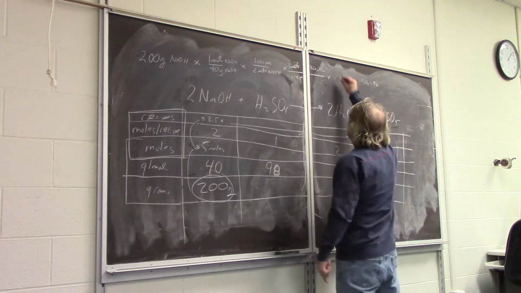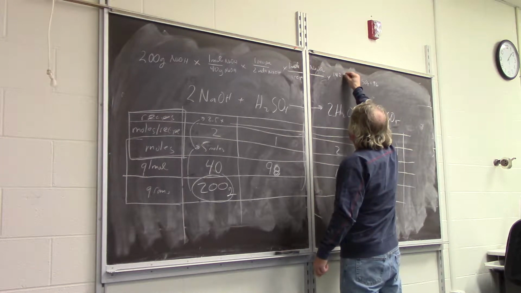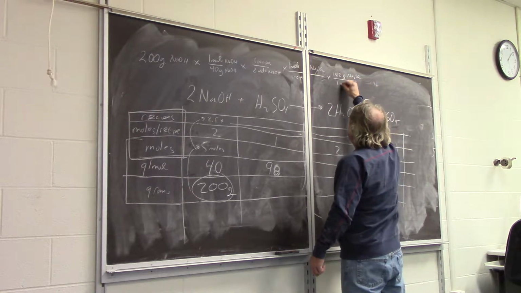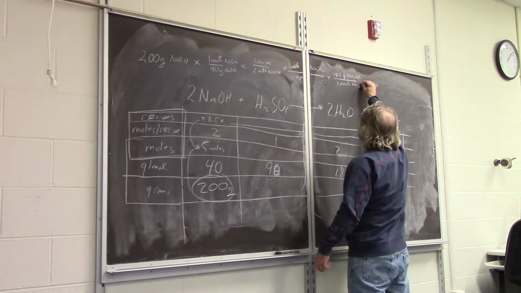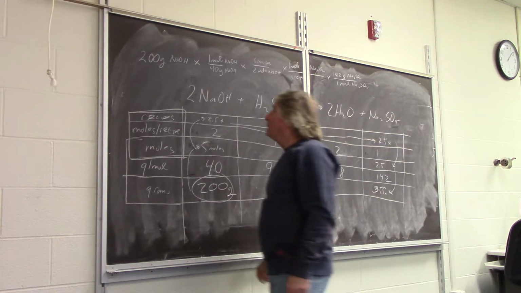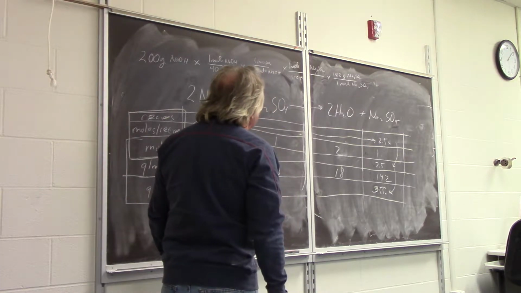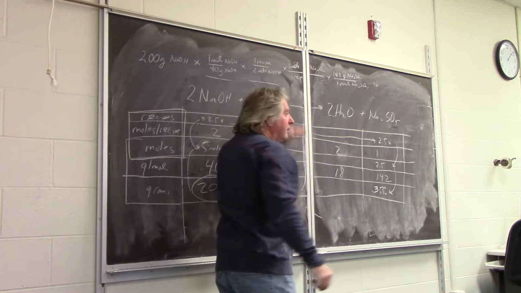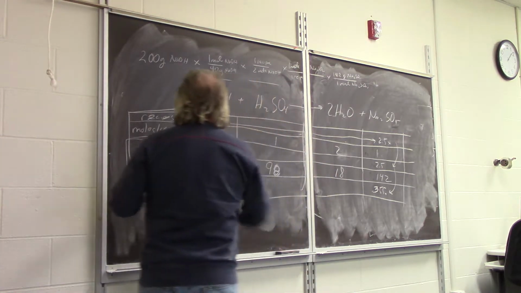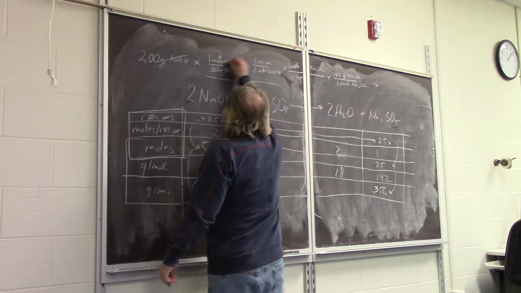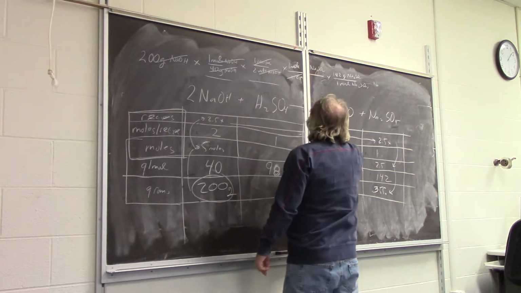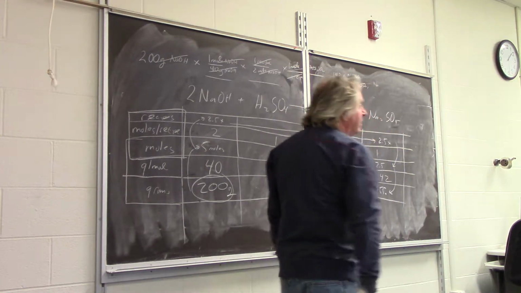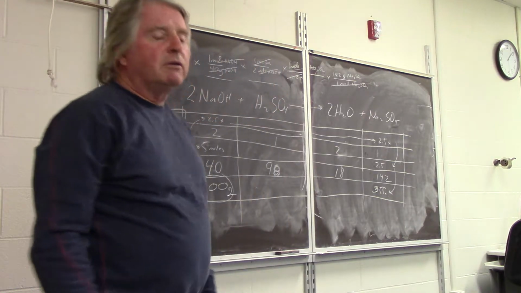And then it's 142 grams of sodium sulfate per 1 mole of sodium sulfate. So when you go up, use a reciprocal, and when you go down, you leave it like it is. If you look at our units, the recipes cancel out, okay? So you end up getting the right answer. Right units, right answers.